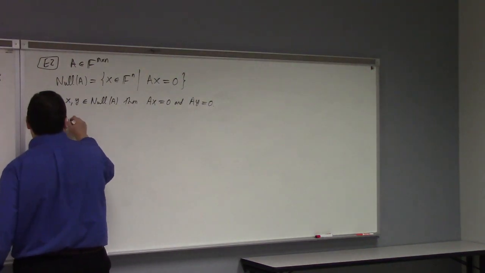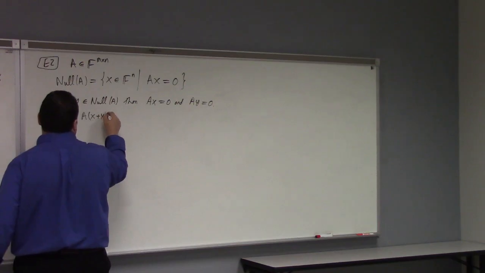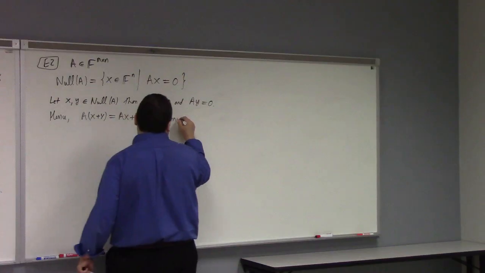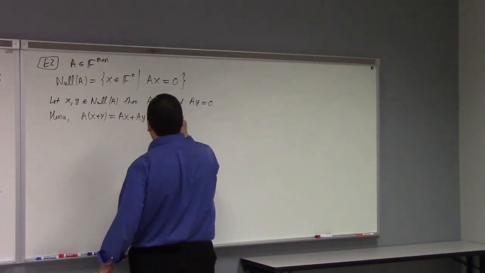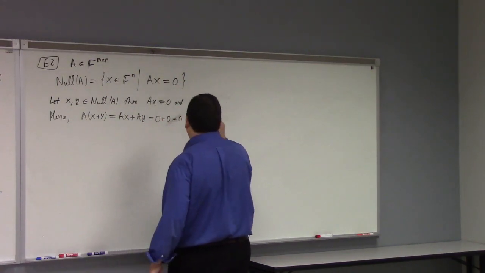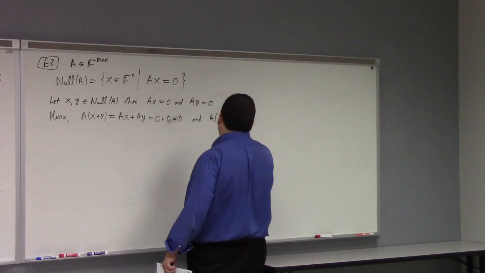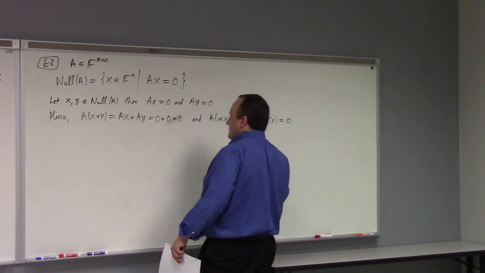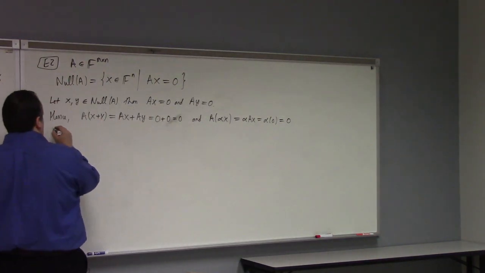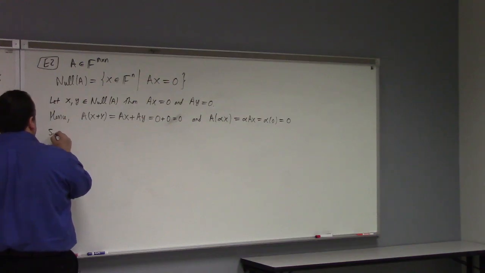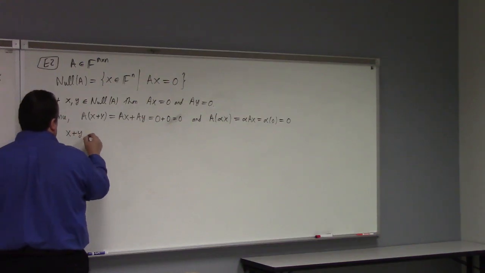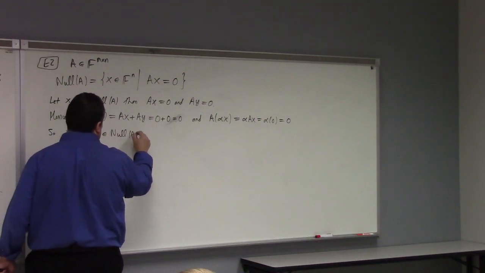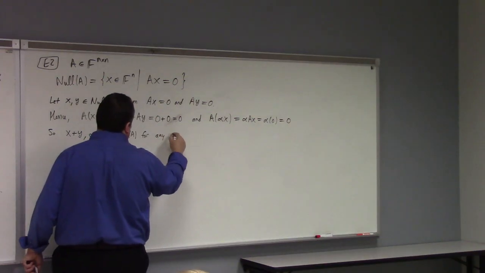Hence A times (x plus y) is Ax plus Ay, which is 0 plus 0, which is 0, and A times alpha x is alpha times Ax, which is alpha times 0, which is 0. So x plus y and alpha x are in the null space of A for any alpha in the field, right?